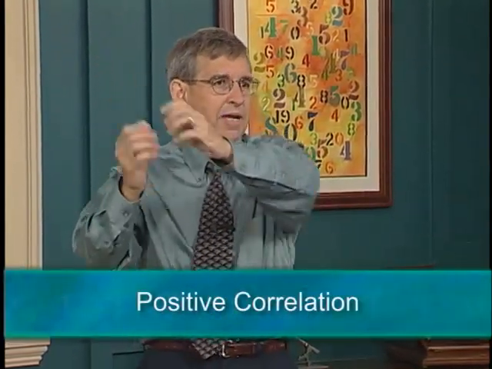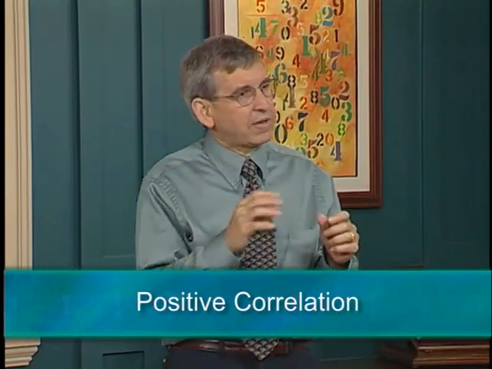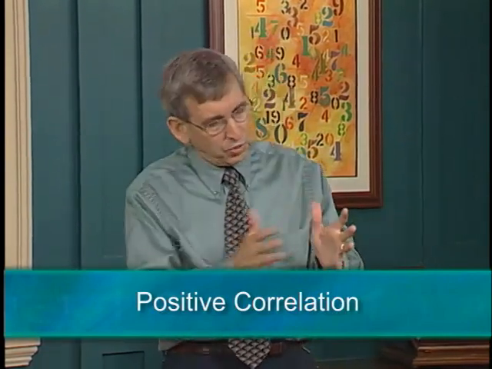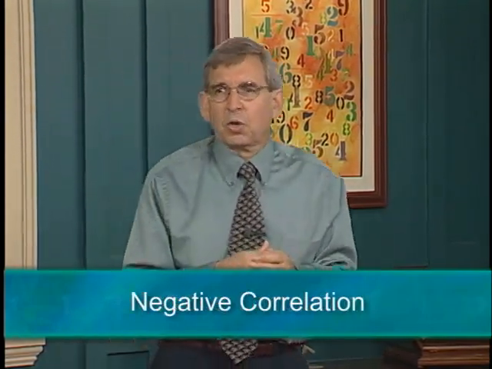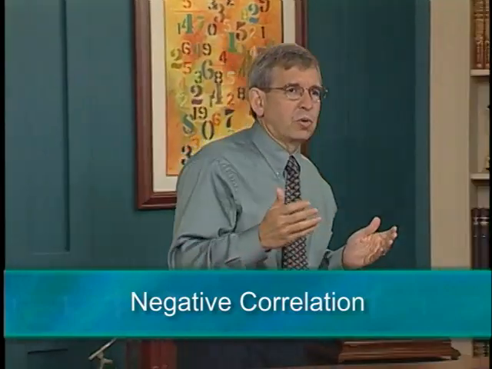If when you increase the SAT, you increase the grade point average, that's called positive correlation, when the cloud goes up to the right. If you have the opposite, that is when you increase one value, the other one goes down, then that's called negative correlation. So SAT scores and grade point averages are examples of a positive correlation.